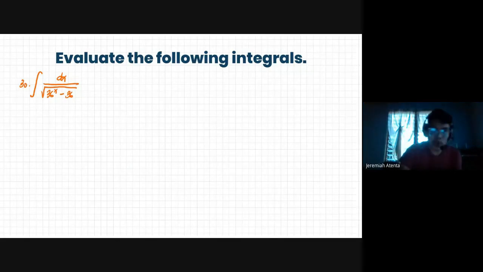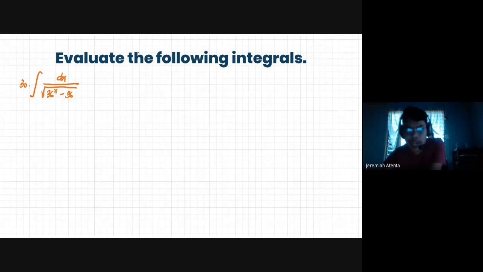So we have dx over square root of 36 to the power of x minus 36. So what should be our integral? Now take note, 36 can be written as 6 squared, right?